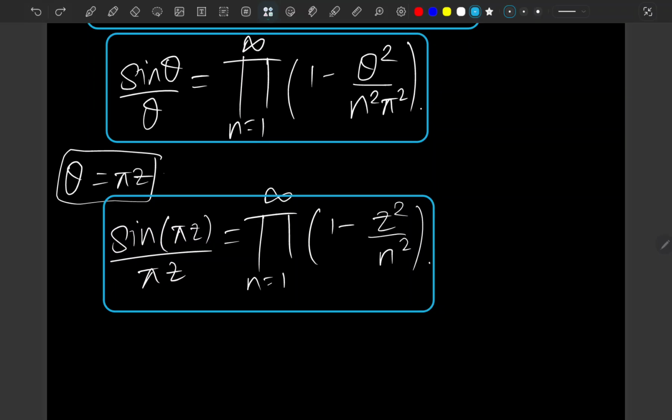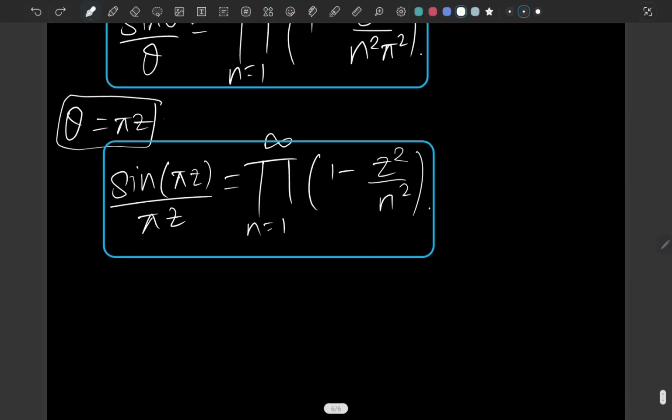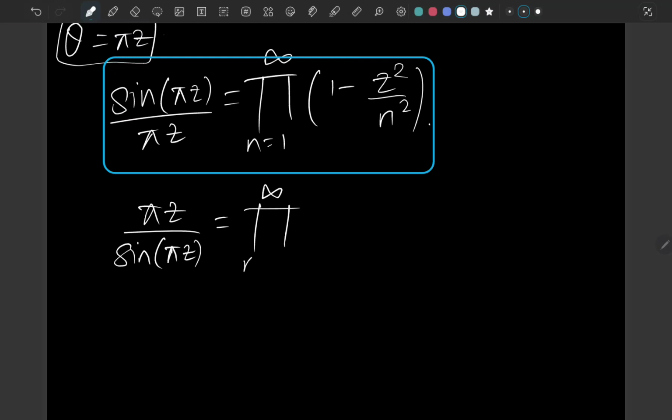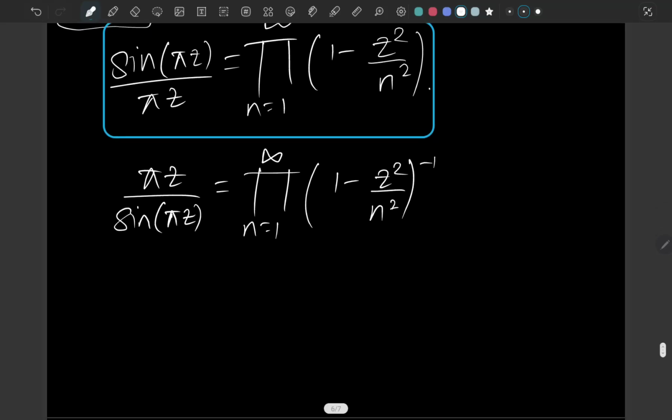Let's talk about something about these things. So basically this is saying that if we take the reciprocal, this is pi z over sine of pi z equals the product as n goes from 1 to infinity of 1 minus z squared over n squared, whole to the negative 1, because we took the reciprocal.